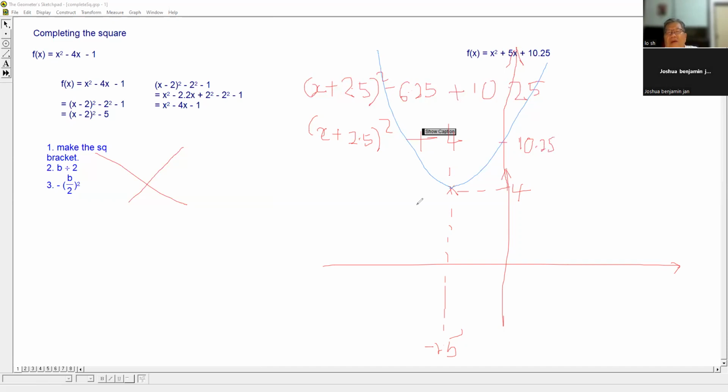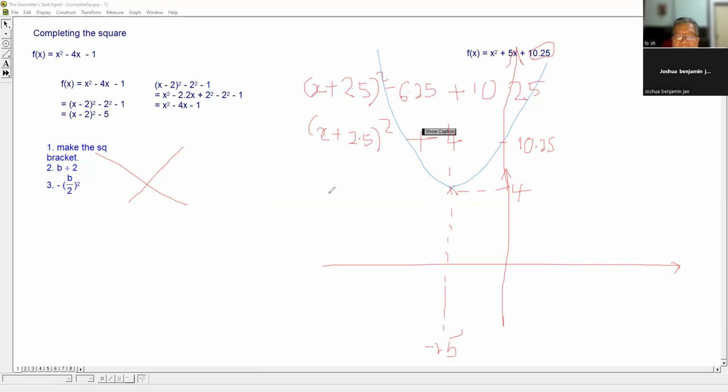Because it's a U shape, you will not cut the x-axis. You move up 4 steps, then you go up some more. So you will not cut the x-axis. Then you refer to the original equation, the C is 10.25.